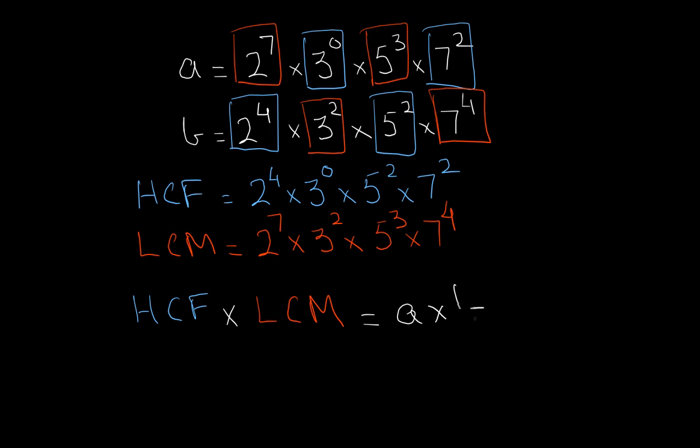I've just changed the order, because in the HCF, the blue prime factors of A and B showed up, and in the LCM, the red prime factors of A and B showed up. Since all the prime factors of A and B are either blue or red, when I multiply them, I get the entire thing. So this is really a beautiful fact that the HCF times LCM is equal to A times B, and the proof is fairly simple but really nice and pleasant.